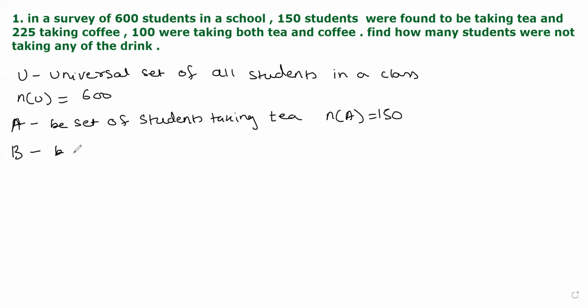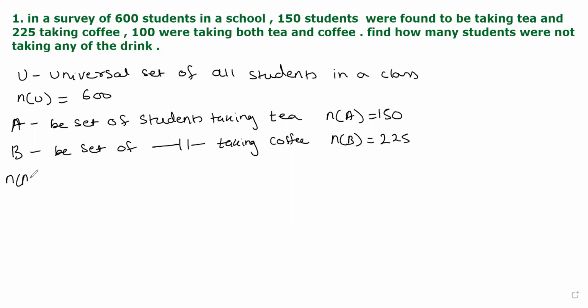Let B be the set of students taking coffee. So number in B is 225. And number in A intersection B is 100. Find how many students were not taking any of the drink.